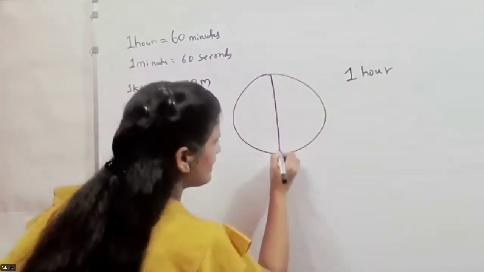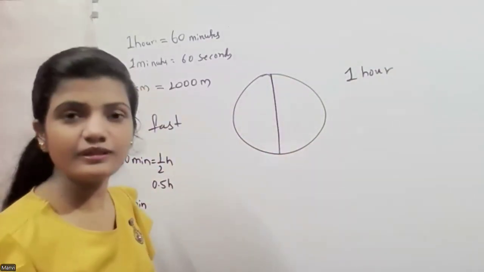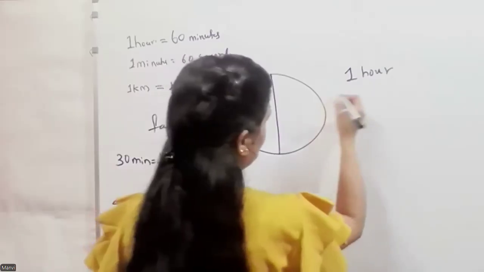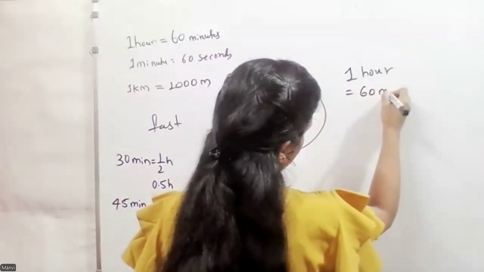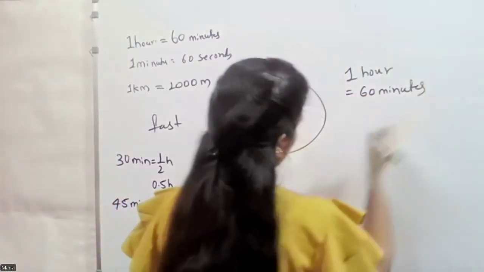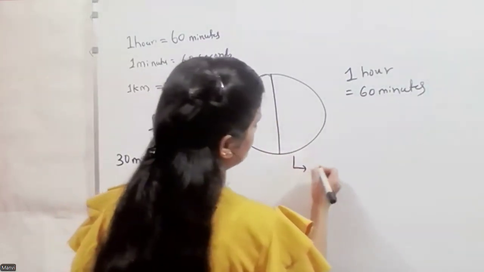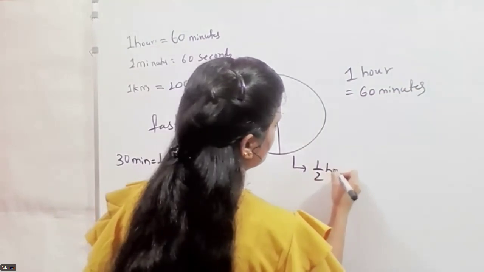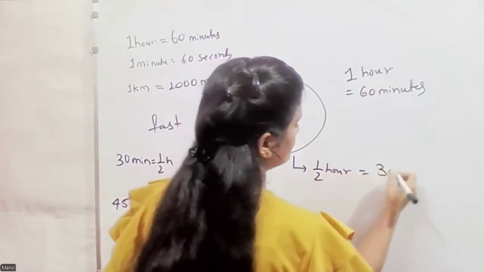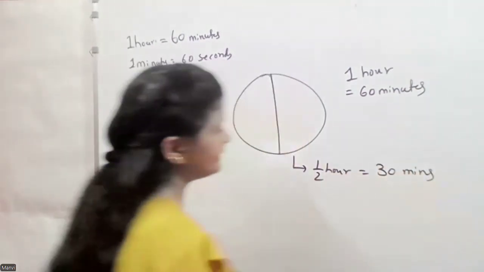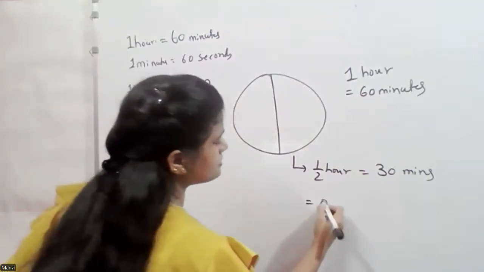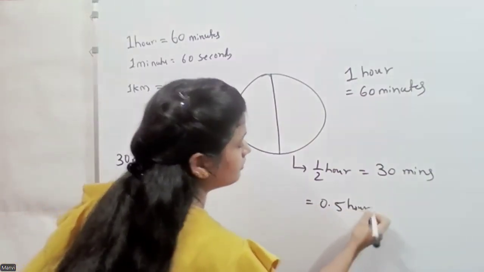Half is actually what? 30 minutes. 1 hour, or we can say 60 minutes. This half represents a half hour, or we can say 30 minutes. In decimal, we can write it like 0.5. Both are the same.